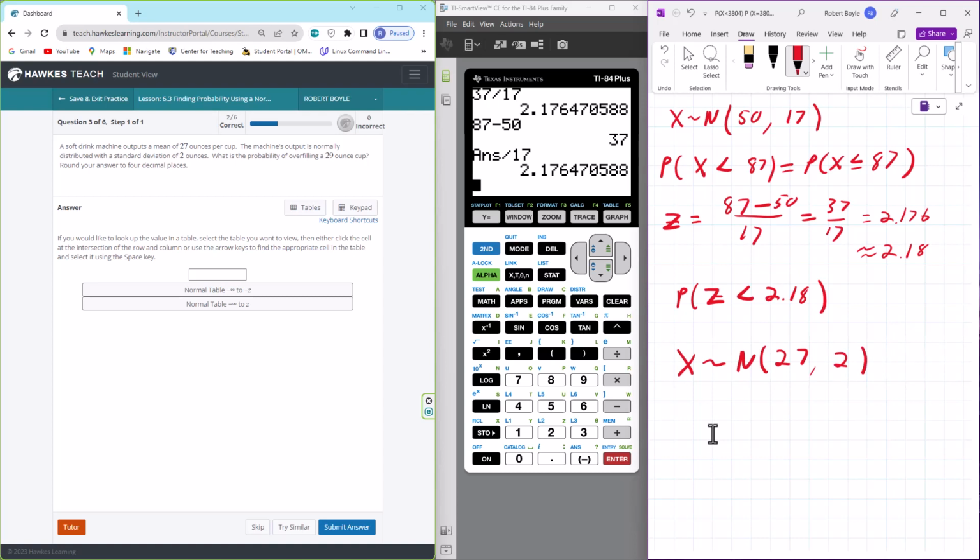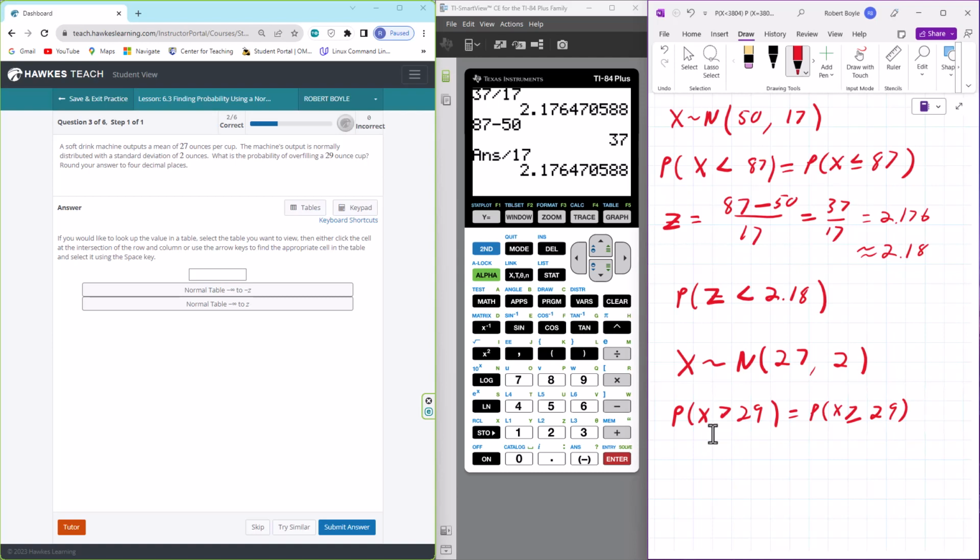What is the probability of overfilling a 29-ounce cup? That is the probability that x is greater than 29, which is the same as the probability that x is greater than or equal to 29.